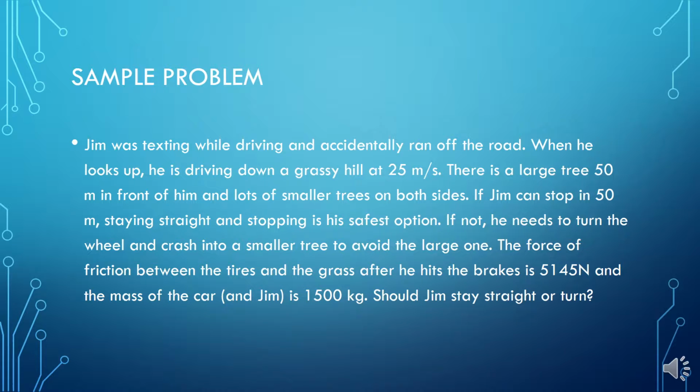And the mass of the car with Jim in it is 1,500 kilograms. So we want to figure out if Jim should stay straight, slam on the brakes, and he'll stop before the tree, or should he hit the brakes and then turn and just take his chances with one of the smaller trees. This is why you shouldn't text and drive.